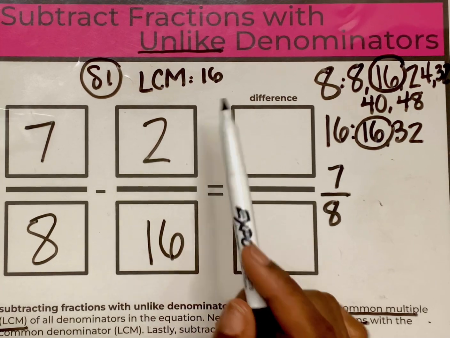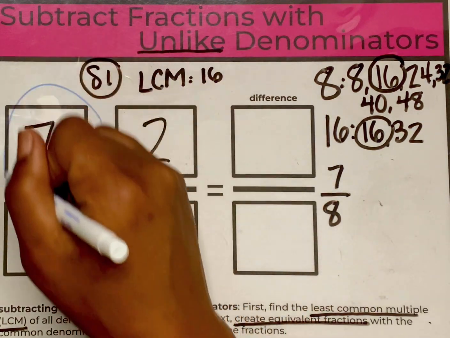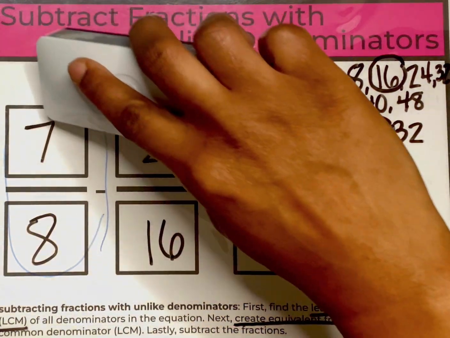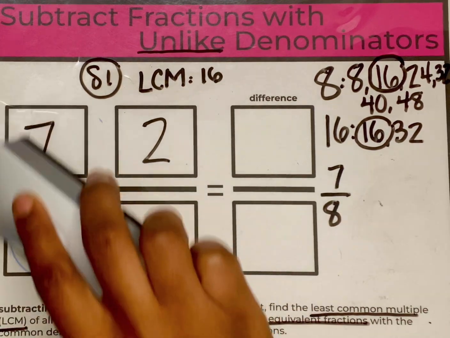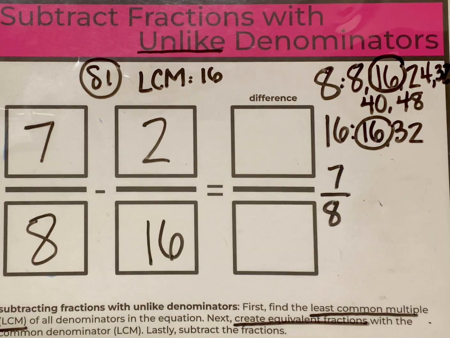Which fraction does not have 16 as its denominator? If you said 7/8, you're correct. So that is the fraction that needs an equivalent. We want to have 16ths as our denominator.